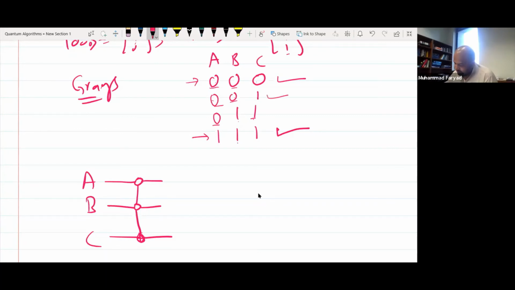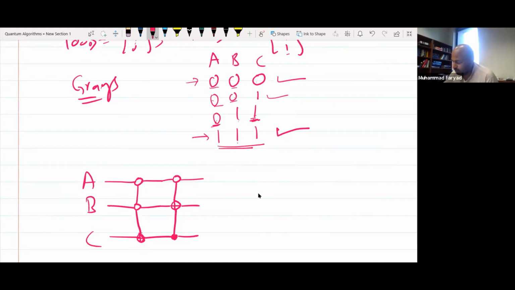Now we have reached this point, and then from here to here we see that this and this qubit are the same, and this is changing. So I'm implementing the control on this one, and this qubit is 0 in both cases. So this is a control like this, and the C is in one state. So this is a control with a dot. And after this, we don't do the last one.